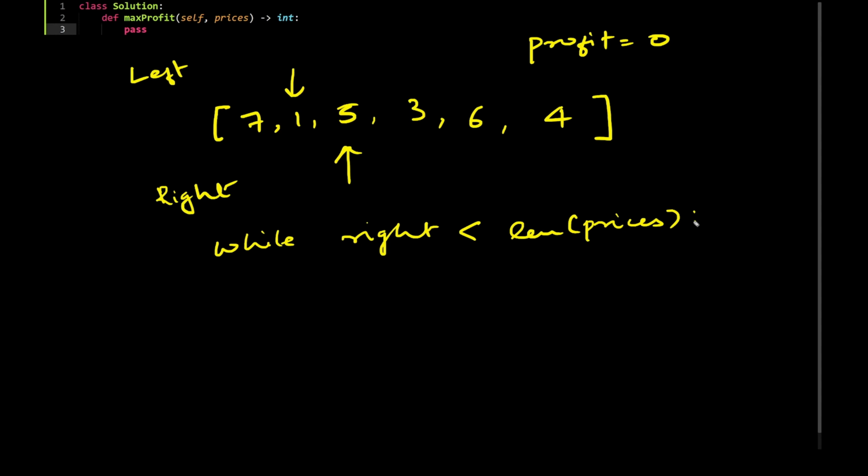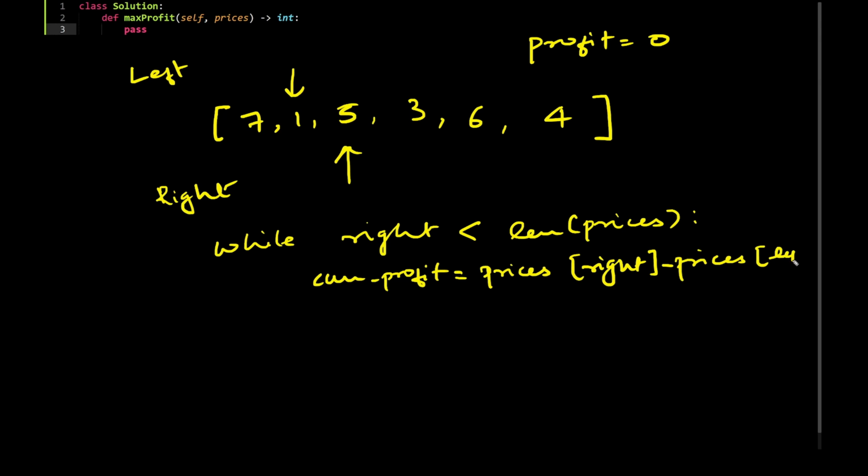And then I will also want to have a variable that will store the difference. Let's say that difference is going to be the current profit, something like this. This will store the difference between both the values, so I would say prices[right] minus prices[left].